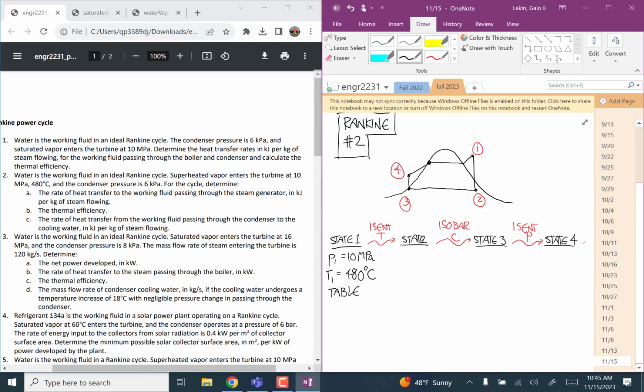The condenser pressure is 6 kilopascals. So we know that P2 is 6 kPa, and since that's an isobaric process, we also know that P3 is 6 kilopascals.